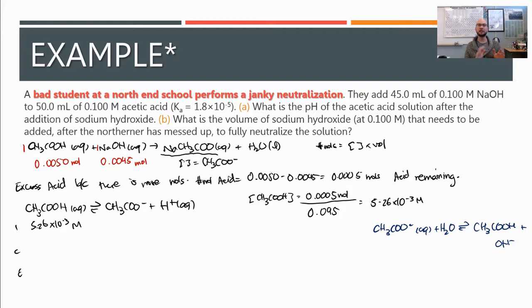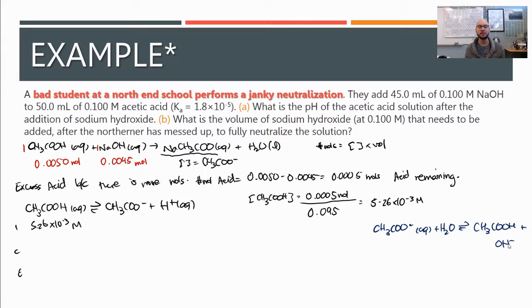We should recognize that the acetate ion, CH3COO minus, functions as a Bronsted-Lowry base. It can accept a hydrogen. And by doing so, when it accepts a hydrogen from water, it produces hydroxide. So we have a little bit more of a complex reaction.